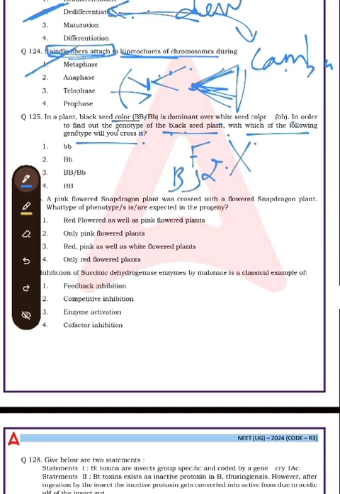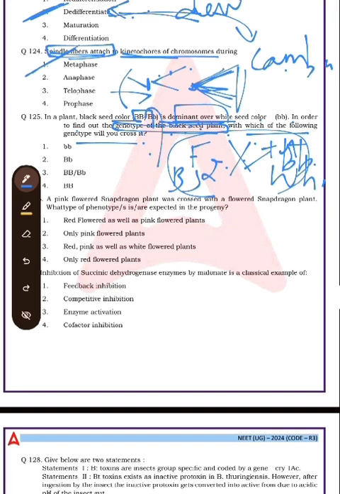It is called test cross. You are crossing it with homozygous recessive, so it is called test cross. To determine the genotype of the black seed plant, you have to cross this with recessive.